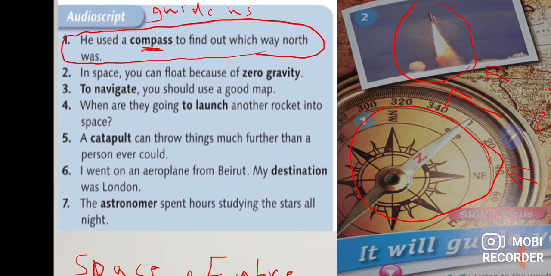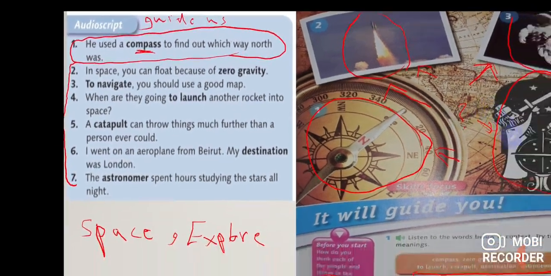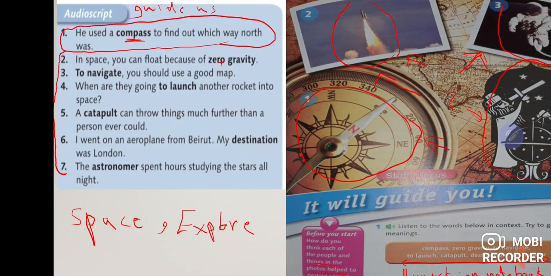Now, the next words are the same to translate. So listen to the audio track and answer the question that gives the meaning of each of these words: zero gravity, to navigate, to launch, a catapult, my destination, astronomer.